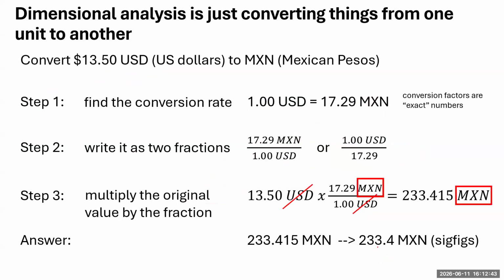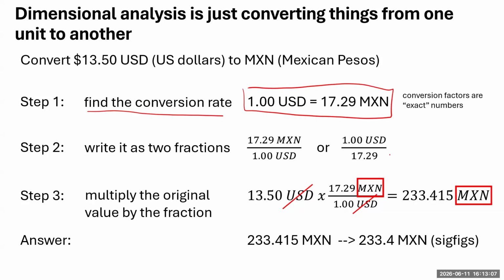All right, let's do another one. We could reverse this. Now let's try and convert not $1, because sometimes one is a little confusing. Let's convert $13.50 to Mexican pesos. Step 1, find the conversion rate. It's exactly what we had before because we're still converting dollars to pesos.